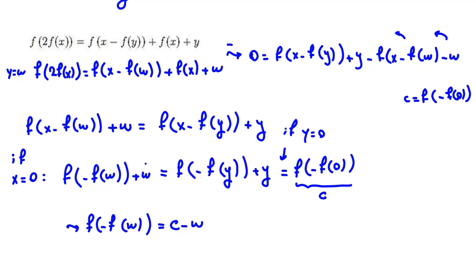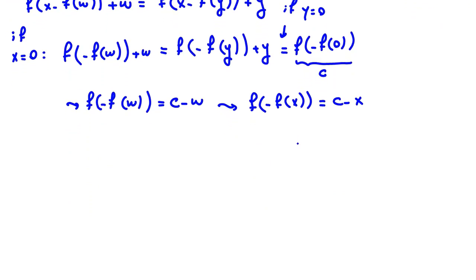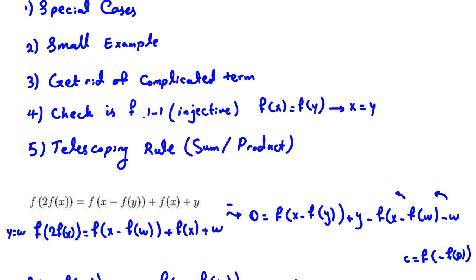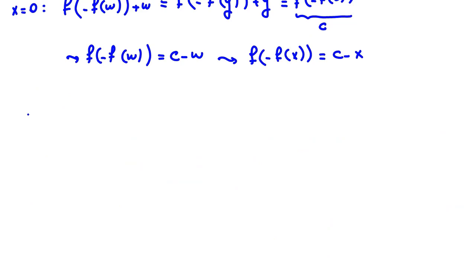So here, when we take w to right hand side, it's negative w. You can change w to x because it is only a variable. So the first thing here, f of negative f of x equal to c minus x. Okay, now the next thing from here, I want to prove that f is 1 to 1. One of the important things I said, also check if f is 1 to 1. I say how we can check.